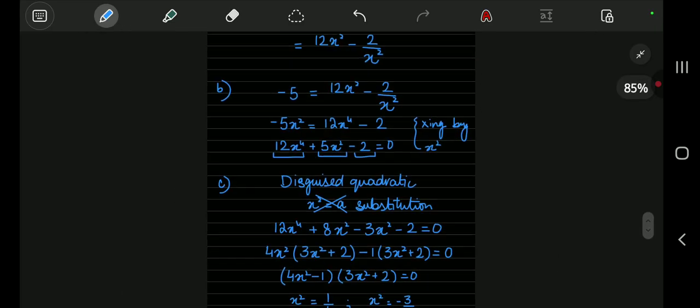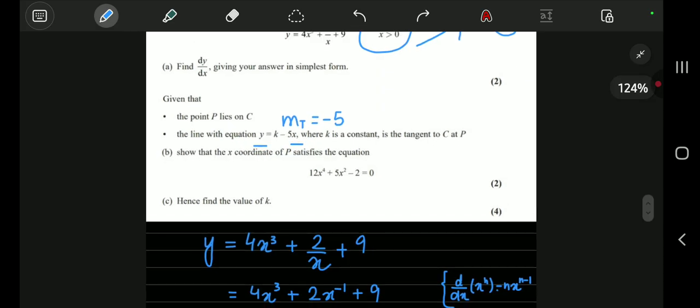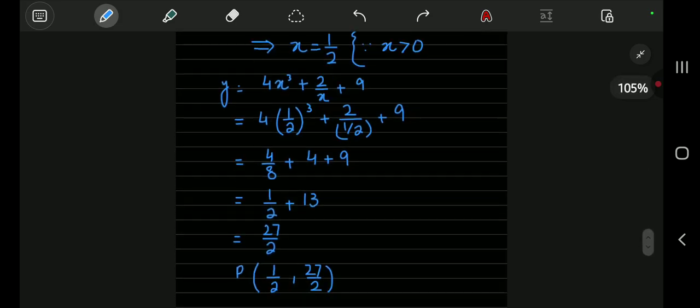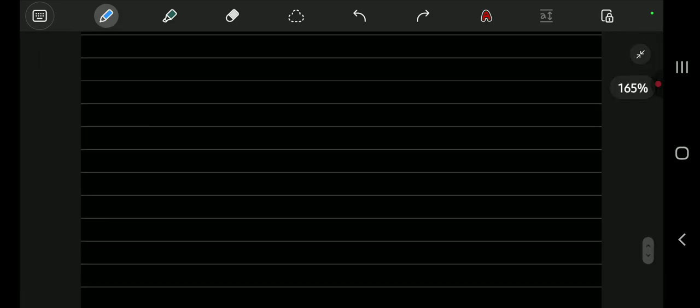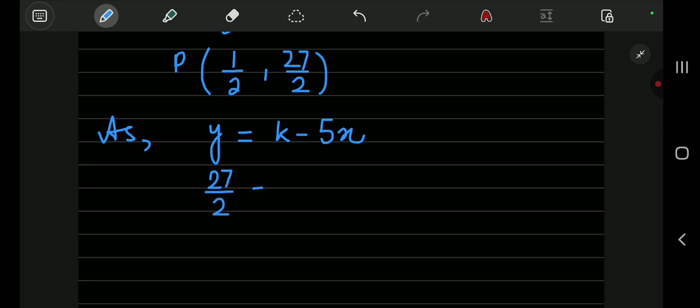Now we know y equals k minus 5x. So if we plug in the x and y values, we will be getting k. So 27 over 2 equals k minus 5 times 1 over 2.